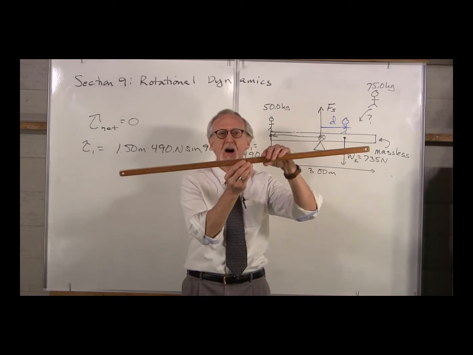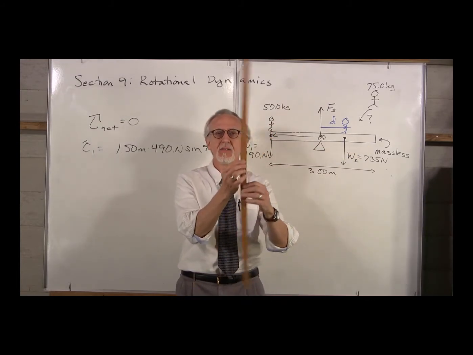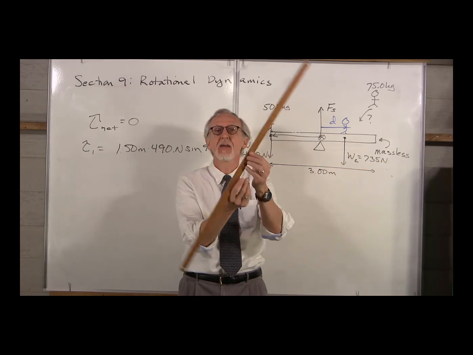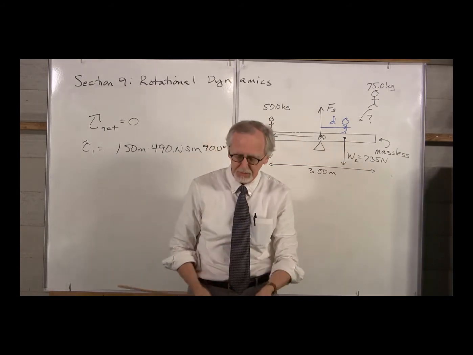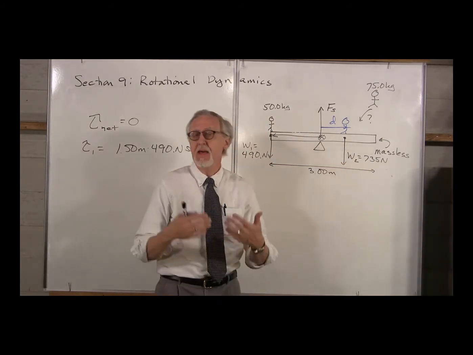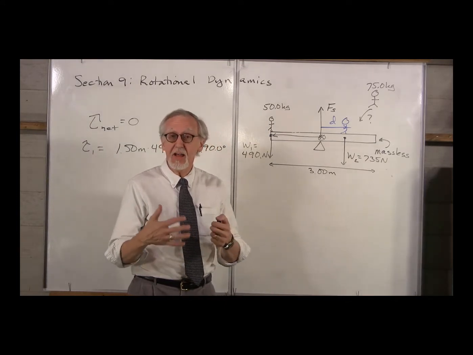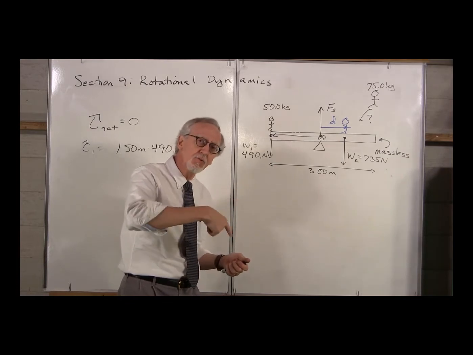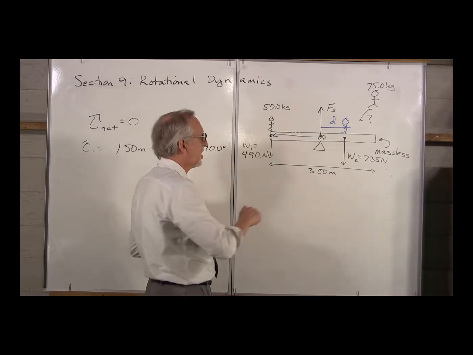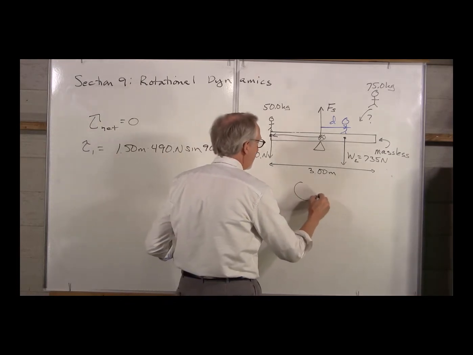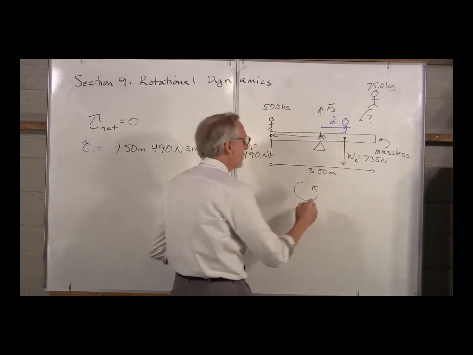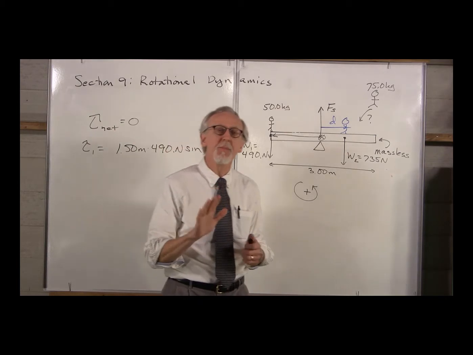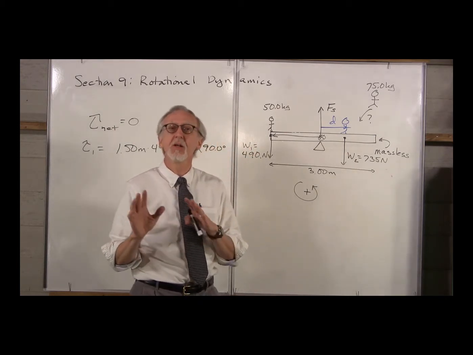One more thing we have to think about, and that is, how do we distinguish torques that would tend to rotate an object clockwise versus torques that tend to rotate objects counterclockwise? Well, we're going to adopt a standard orientation, and that is that torques that tend to rotate objects counterclockwise, we'll call those positive torques. This is just like when we were measuring angles in rotational kinematics.